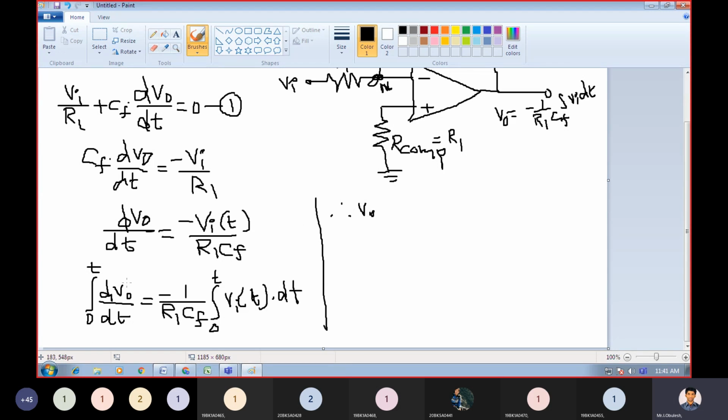Here the derivative and integral cancel, and we get V0 of t.